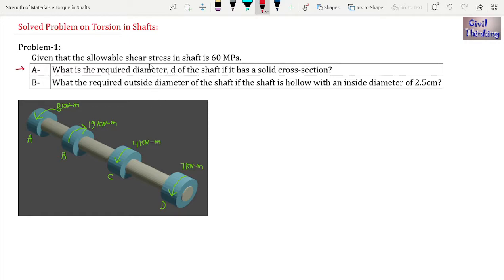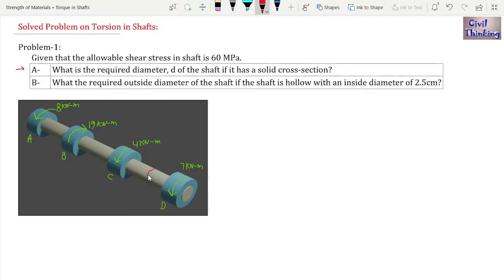Now the allowable shear stress in the shaft is 60 megapascal. Whatever the shear stress is here, we know that due to these torques there will develop shear stress in each cross section.